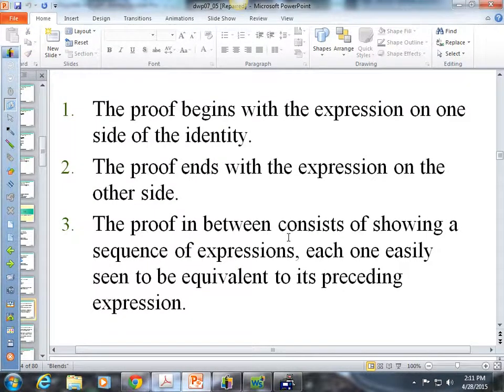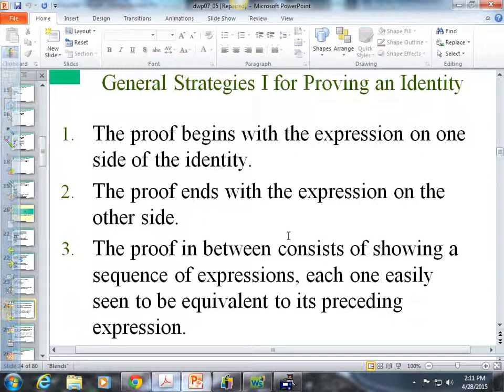Okay, so general strategy, and this is exactly what we've done. The proof begins with the expression on one side of the identity. It ends with the expression on the other. In between, we're going to show a sequence of simplifications of expressions until we get to that one side. Let's get to an example.